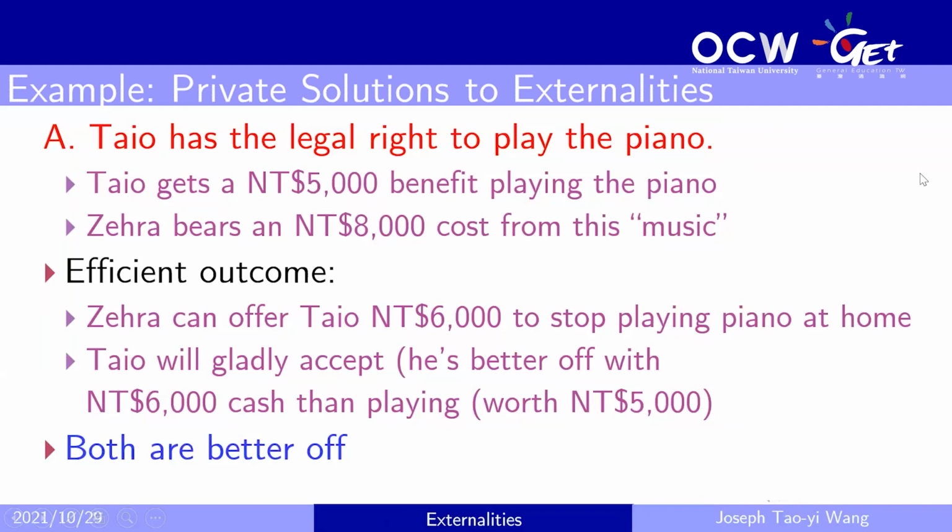Actually, any price between 5,000 and 8,000 makes both sides better off. Of course, there might be bargaining and somebody might haggle, so at what price they reach an agreement is indeterminate, and this process may or may not be costly. But if this cost is small enough, they reach an agreement, the efficient outcome will be implemented, and it's good for everybody.